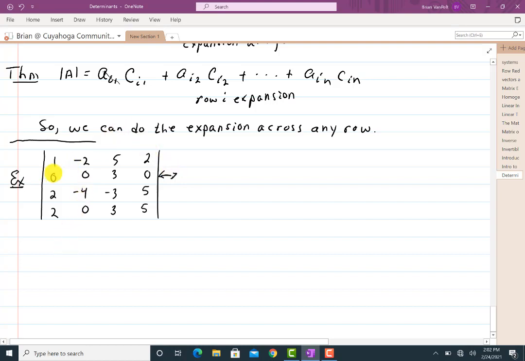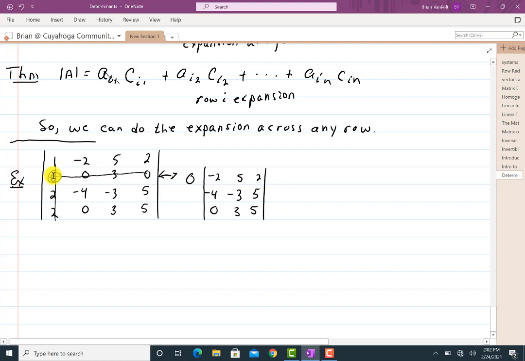When you look at this 0 here, you cross out its row and its column and see what's left. So you have 0 times the determinant that's left over: negative 2, 5, 2, negative 4, negative 3, 5, 0, 3, 5. Now we have to make sure it's positive or negative.